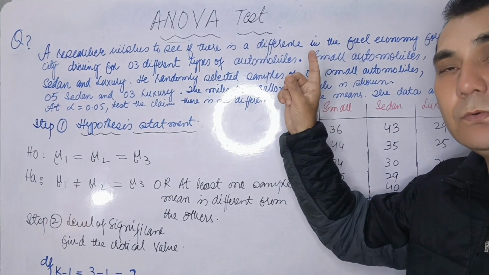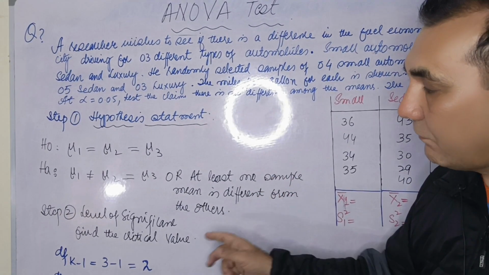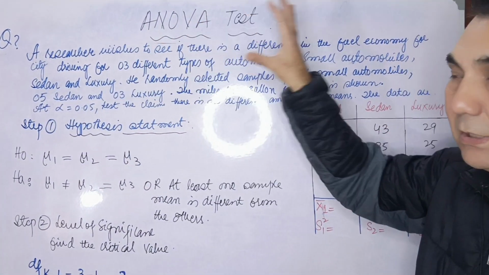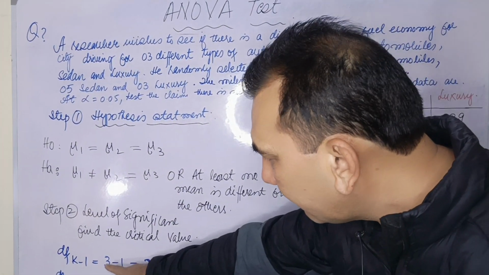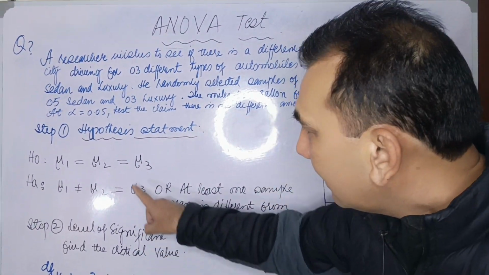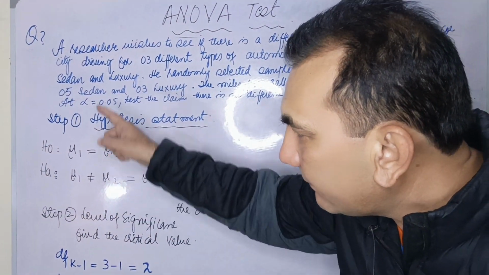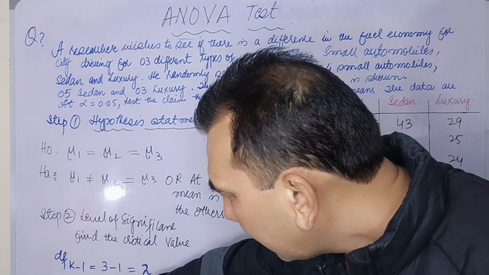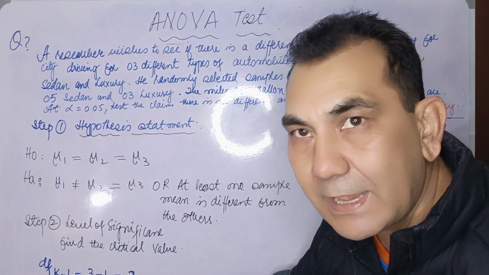Then we will use the F test table. In the F test table, column-wise we go to the degree of freedom 2 at the level of 0.05, and row-wise we go to the degree of freedom 9.